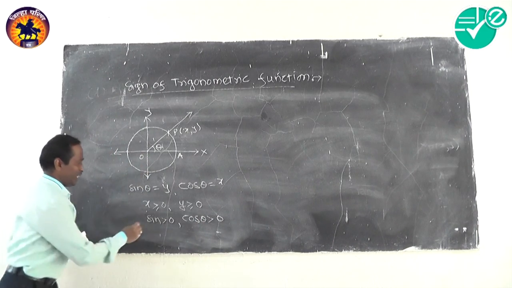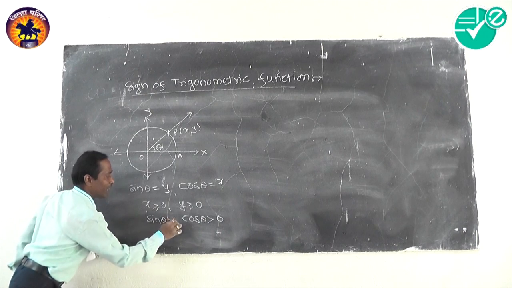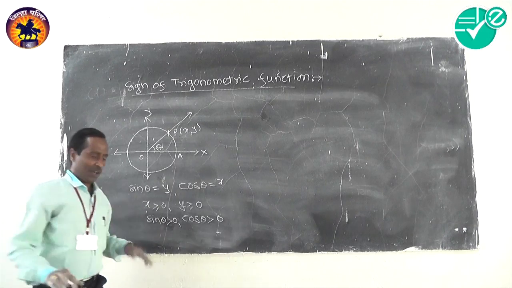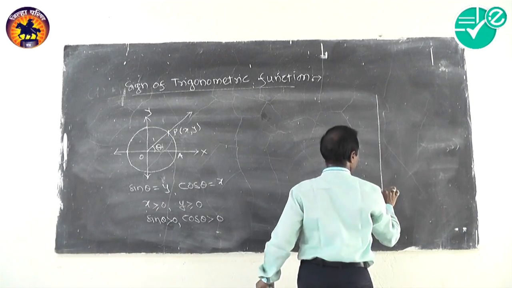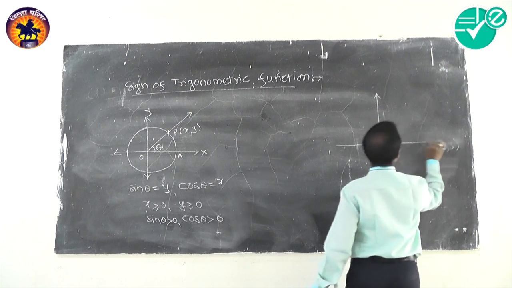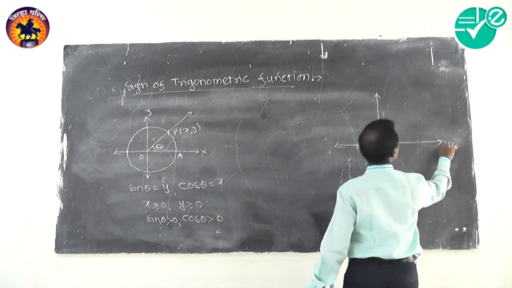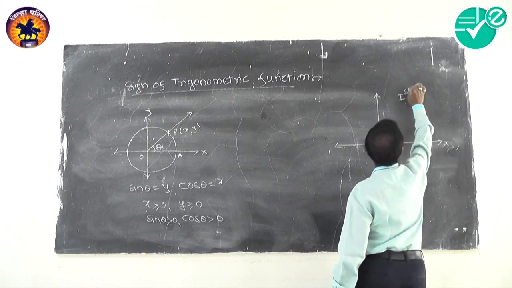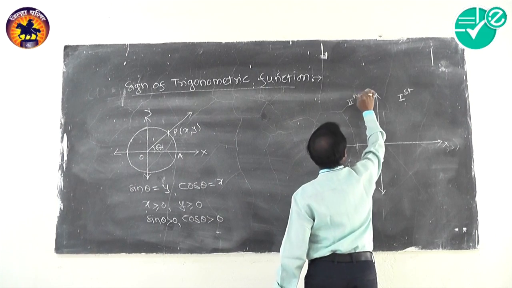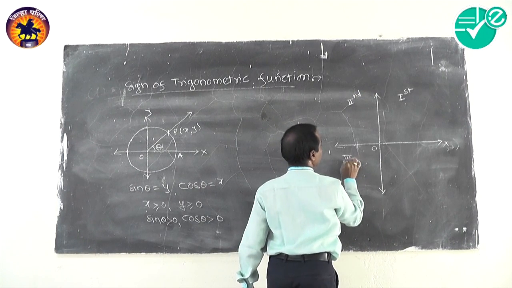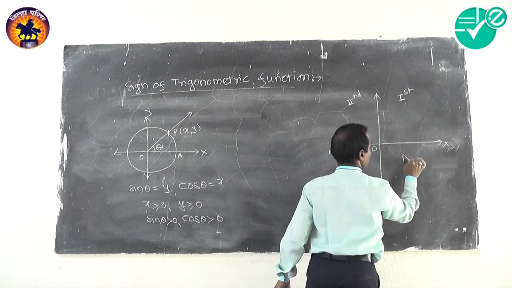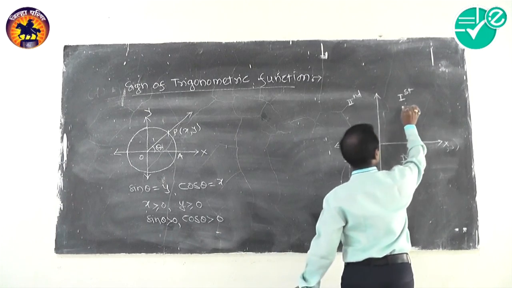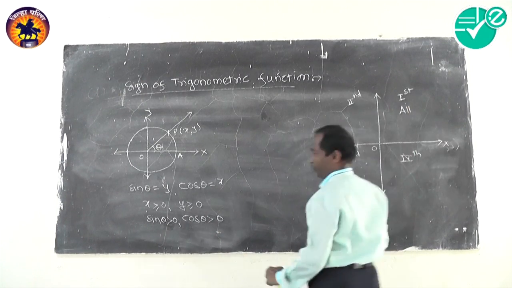If sin theta and cos theta are positive in the first quadrant, then all the trigonometric ratios are positive in the first quadrant. The quadrants are first, second, third and fourth. In the first quadrant, all the trigonometric ratios are positive.